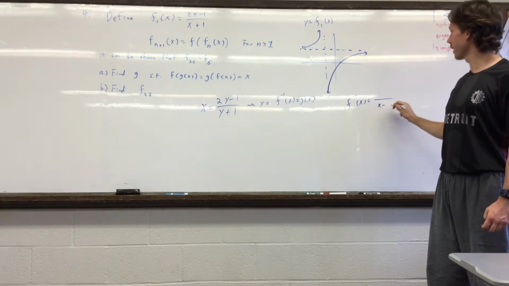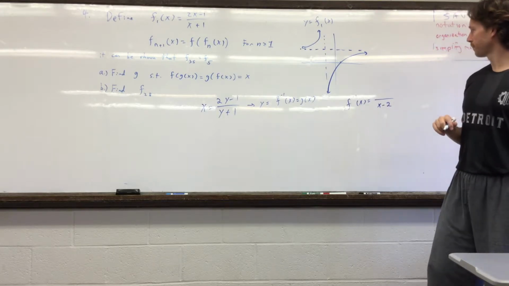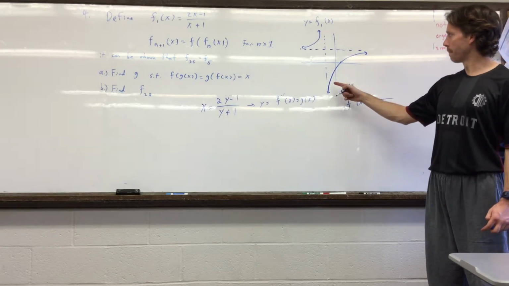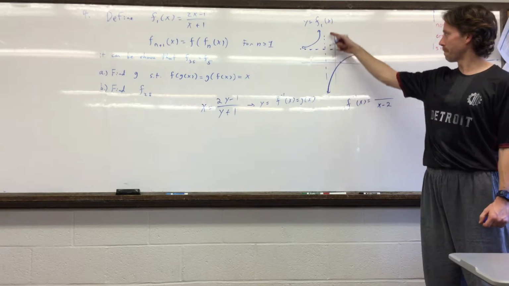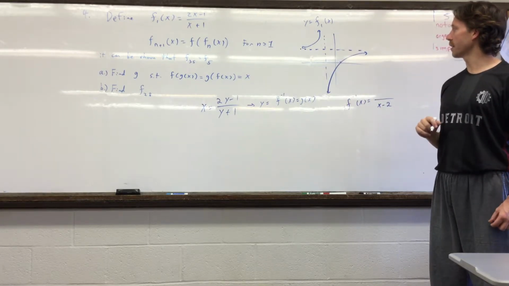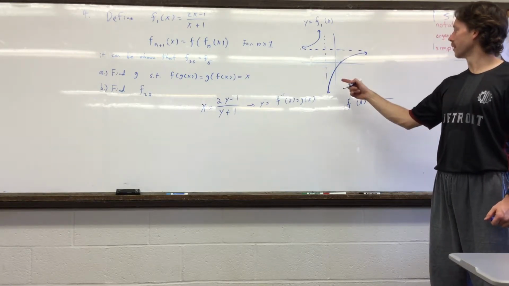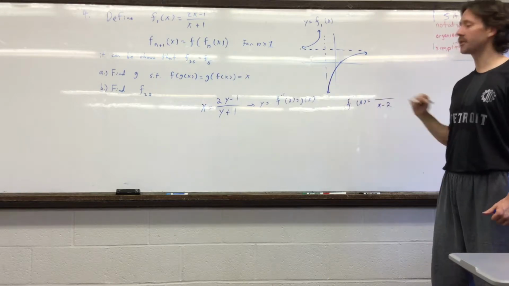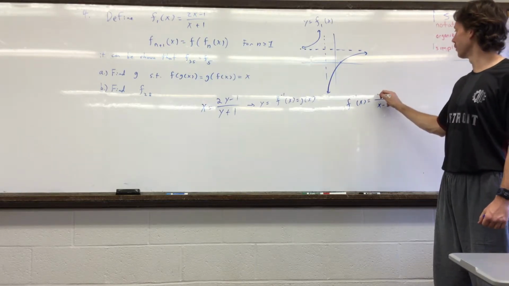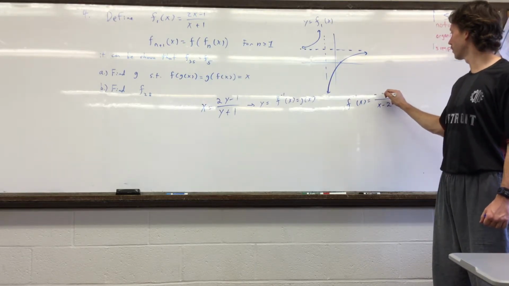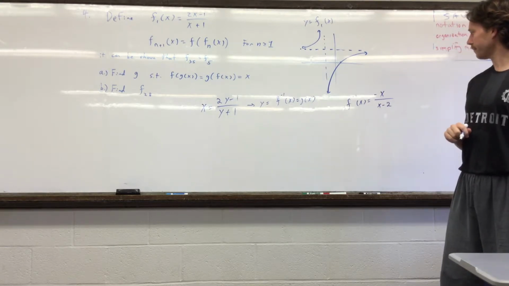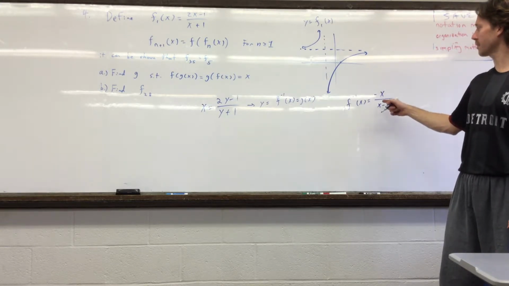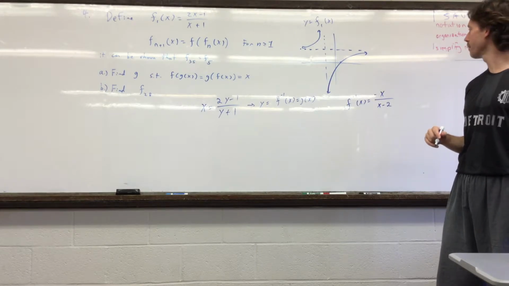So I should have an x minus 2 down below. -1 is not in the domain here, so that should not be in the range of the inverse. So I'm going to want my horizontal asymptote of this function to be at -1.